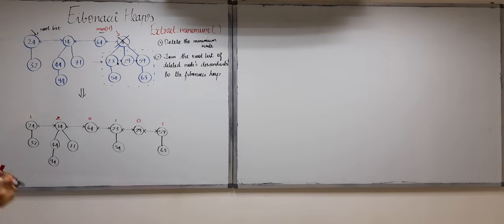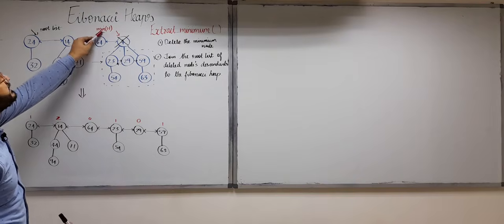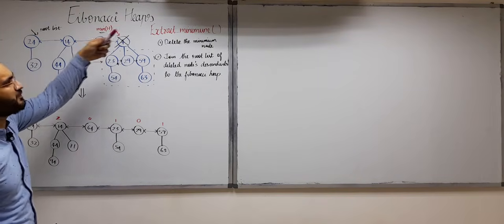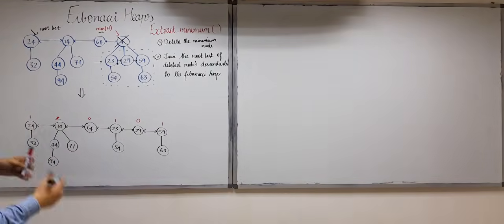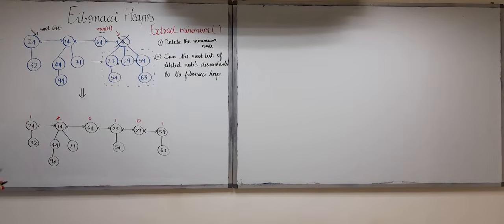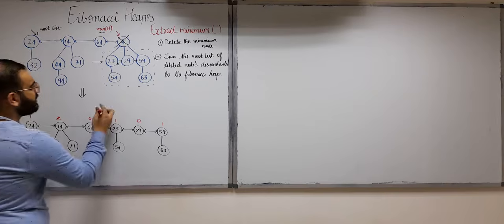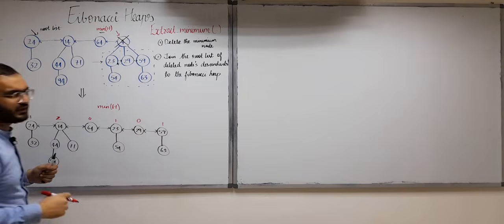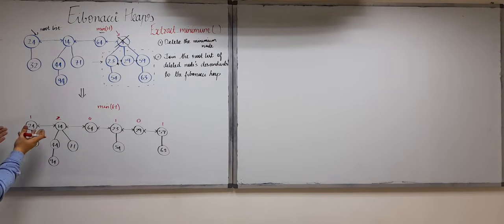One more thing you can notice is that 4 was the minimum element, and when we deleted it as per the delete minimum operation, right now we don't know which is the minimum element. But as you know, min of H has to point at the minimum element of this Fibonacci heap. So it can traverse this entire root list, because in a Fibonacci heap each and every tree follows the heap ordering property.